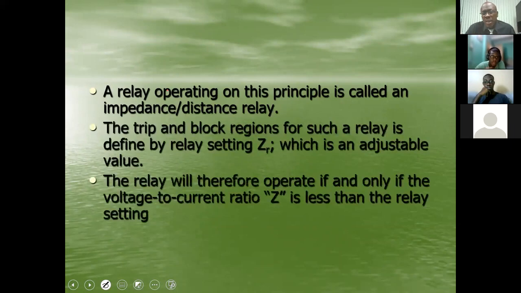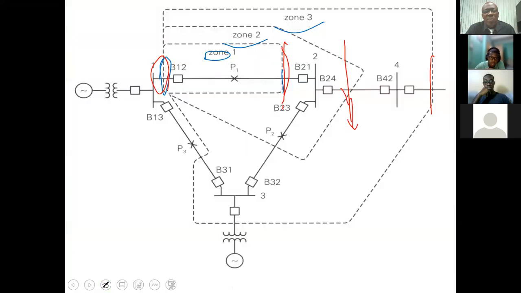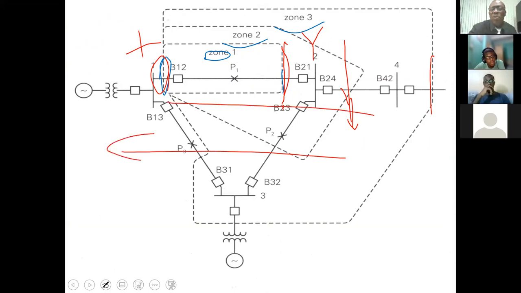So we call it an impedance or a distance relay. And one of the other things I want to mention here is that whilst you have one impedance relay at point X, you're then going to have one at point Y at the other end of the line looking in this direction. So this one will only look down the road. This one is looking up the road. Good? By doing that, they are overlapping. So it means that the entire road is covered.